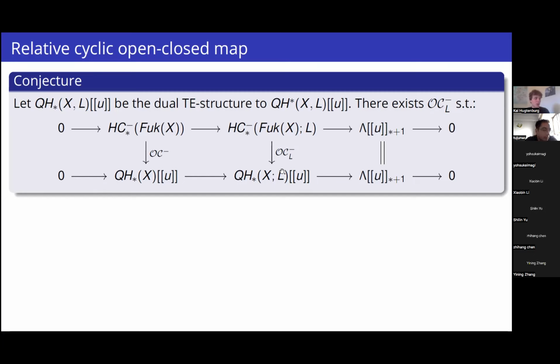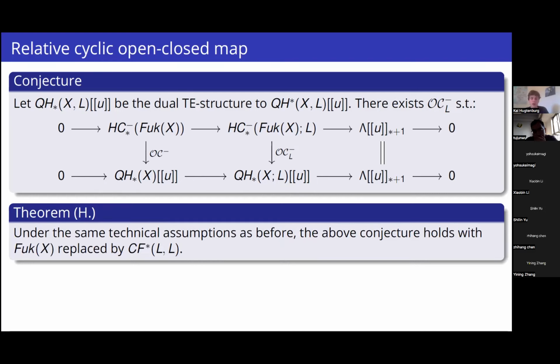The relative cyclic open-closed map maps the relative cyclic homology of the Fukaya category to the relative quantum homology E structure, and this is a commutative diagram. I proved that under the same technical assumptions as before, this conjecture holds. But again, you need to replace the Fukaya category by the Floer cohomology of a single Lagrangian, because that's all we have access to.